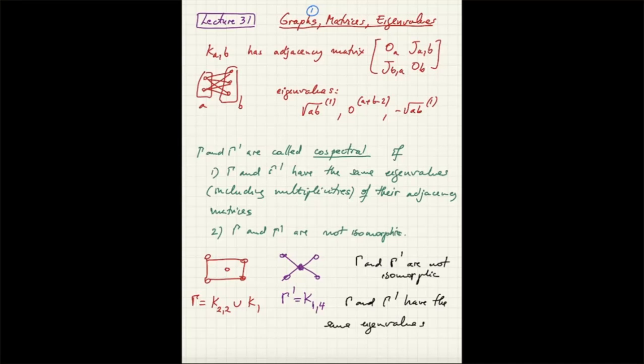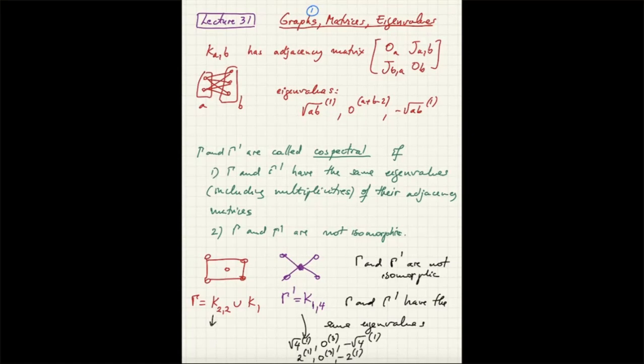And what are the eigenvalues? Well, K_{1,4}, by the result on the top, has eigenvalues square root of 4 with multiplicity 1, 0 with multiplicity 3, and minus square root of 4 with multiplicity 1. So this is the same thing as 2 with multiplicity 1, 0 with multiplicity 3, and minus 2 with multiplicity 1.